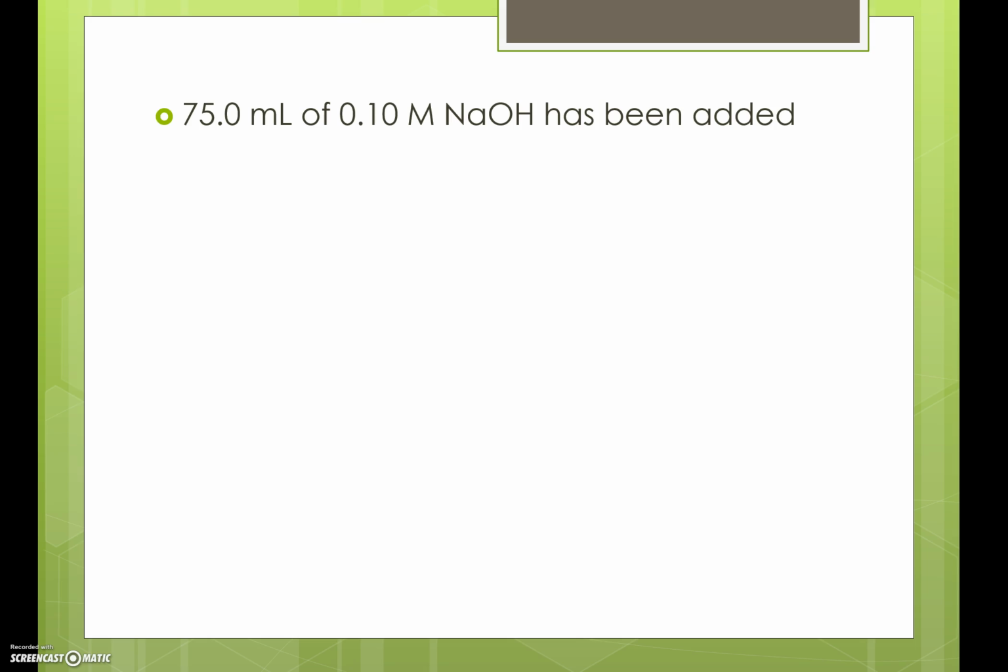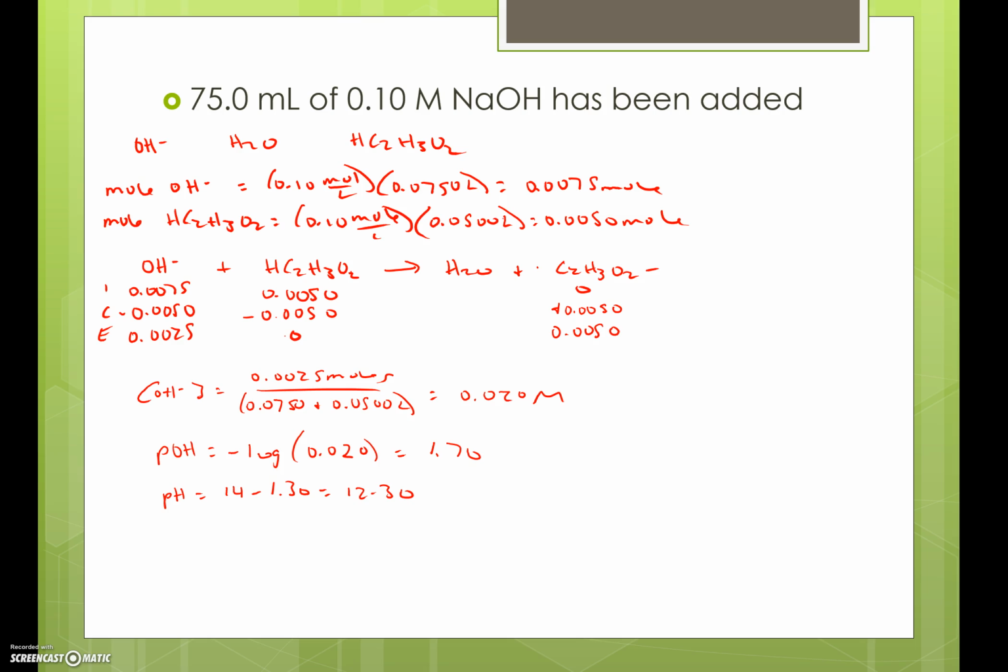Now we're going to move along. And we're going to have 75 milliliters of 0.10 molar sodium hydroxide. And when we look here, we're past the equivalence point, because we have more hydroxide that we're adding to the solution than we have weak acid to consume it. So we're going to be left with 0.0025 moles of hydroxide ions, which means that we can get the pH in a more direct way.